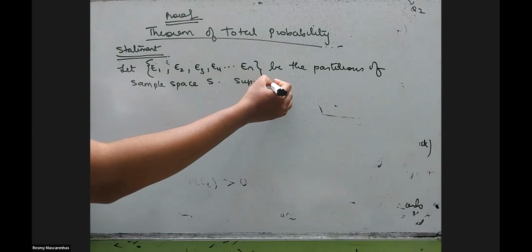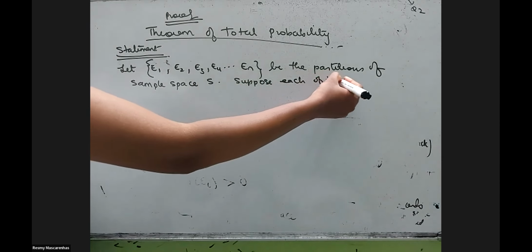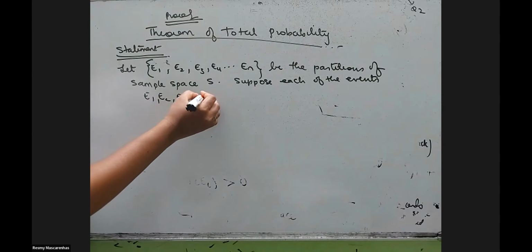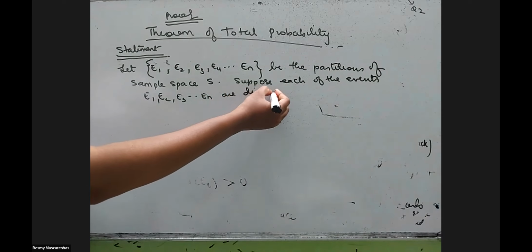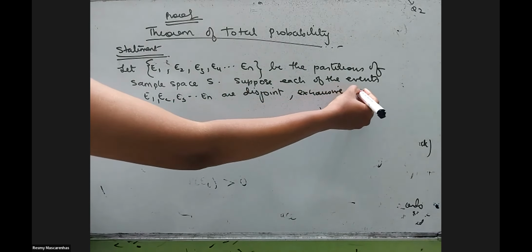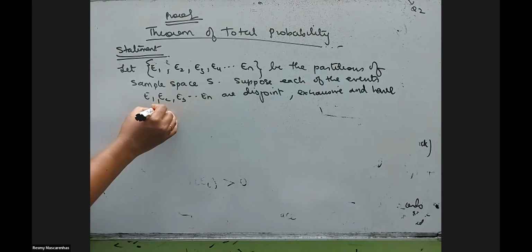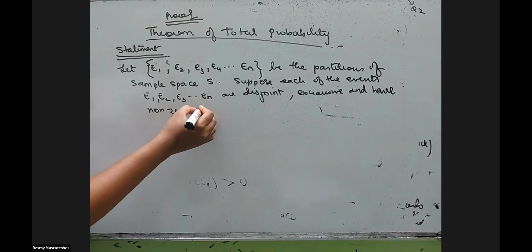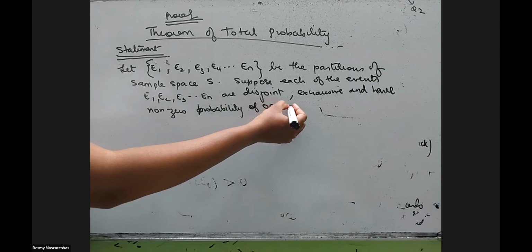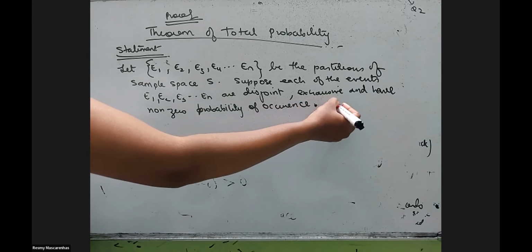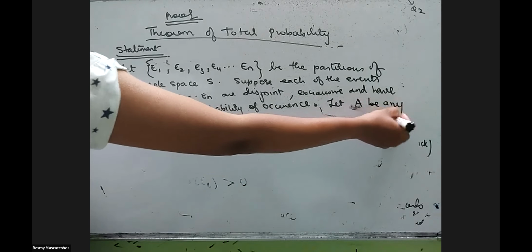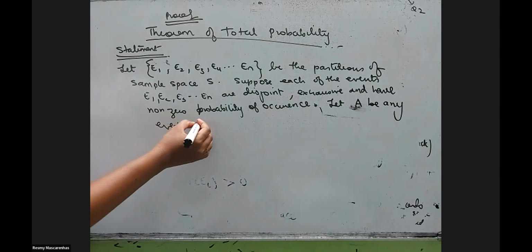Suppose each of the events E1, E2, E3 up till En are disjoint, exhaustive, and have non-zero probabilities. Let A be any event associated with S.